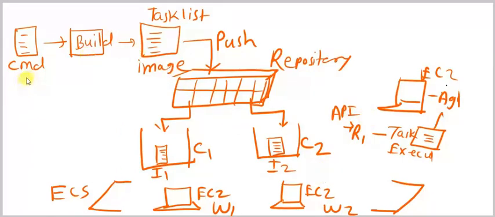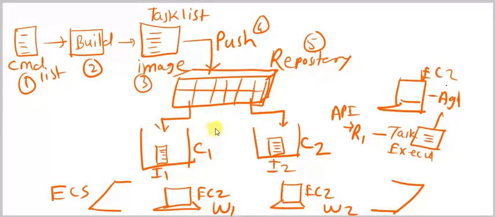So I start with the command list, then I get a build, then I create an image, then I push it to a repository, then a container is created from the image, and then this is actually executed by this kind of agent here, and it has a role, and it makes the API call.